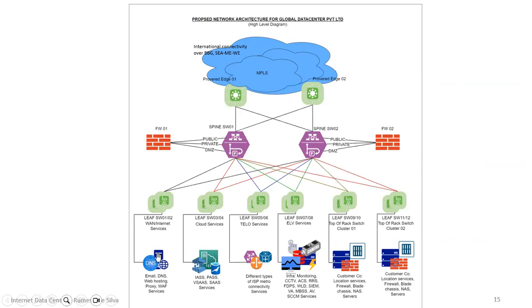Inside the data center, we are going to host the DNS servers, email, web hosting, proxy, web application firewall, likewise things. Under this cluster of TOR switches, we have put PaaS, platform as a service, infrastructure as a service, video surveillance as a service, software as a service, storage as a service, likewise. Many cloud services under this cluster.